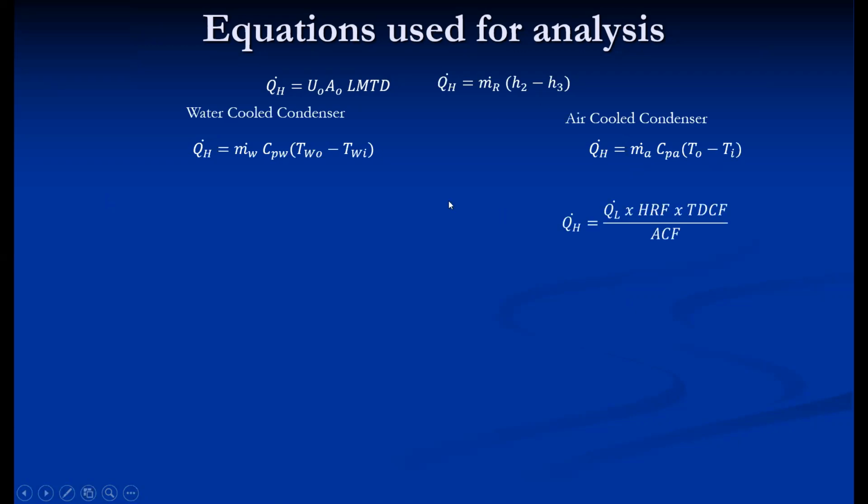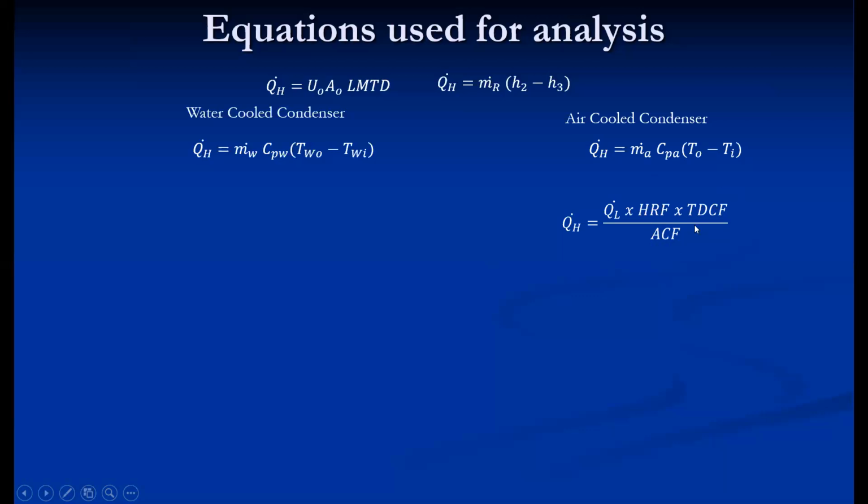Again, for air-cooled condenser, the condensing capacity is also obtained by using this expression. So that is cooling capacity, heat rejection factor, then TD correction factor, that is temperature difference correction factor, and altitude correction factor. Because air-cooled condenser is mainly influenced by ambient, the TD correction factor and altitude correction factors are common.